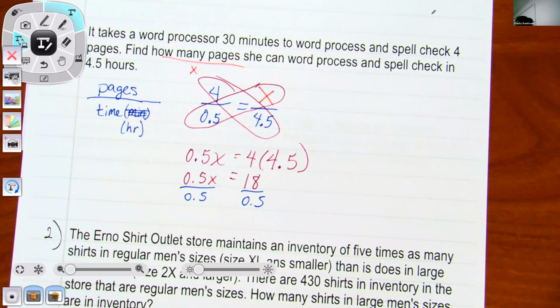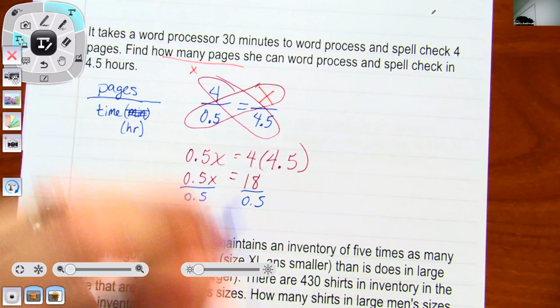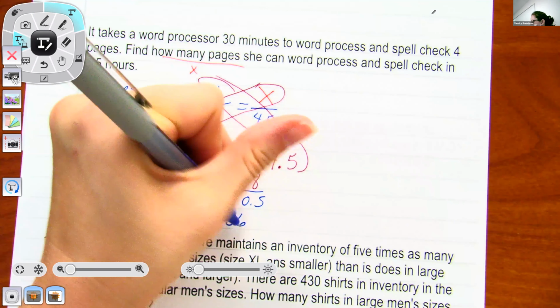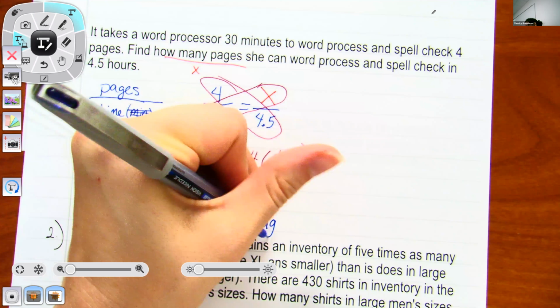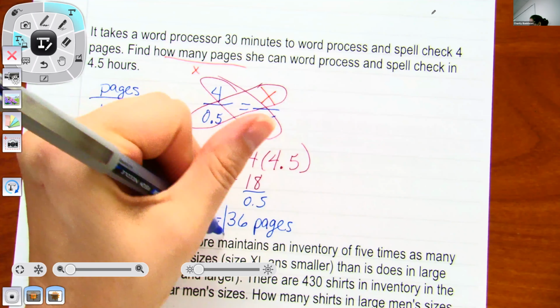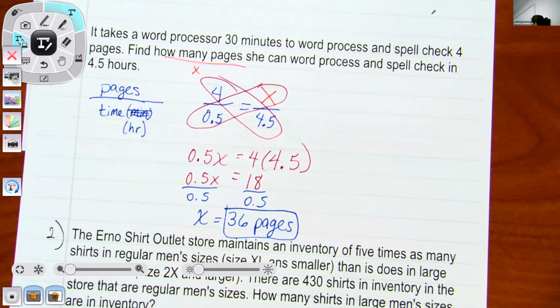So that gives me x is equal to 36. And that was referring to 36 pages. All right, so she can do 4 pages in half an hour. So in 4.5 hours, she can do 36 pages.